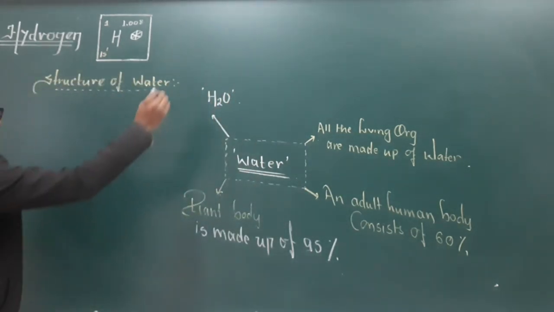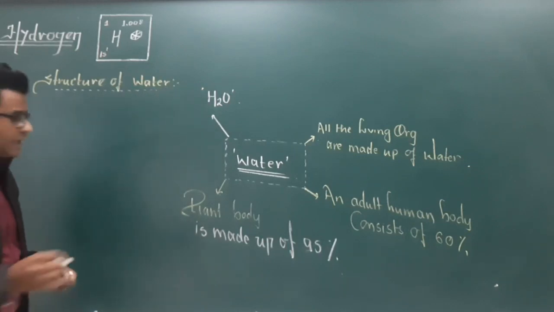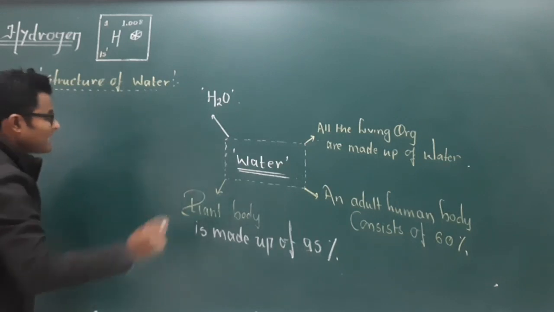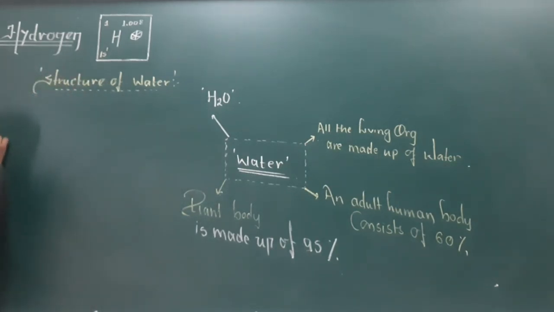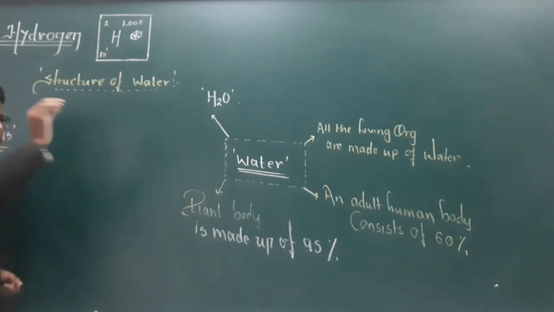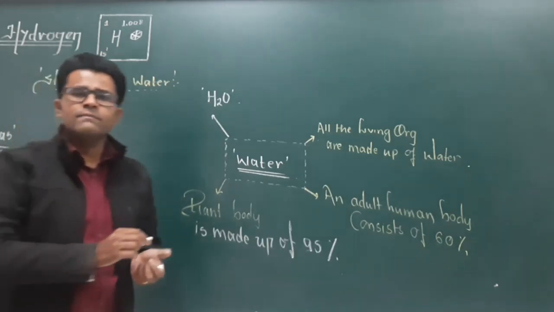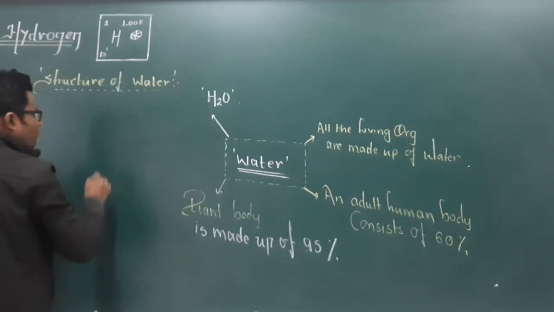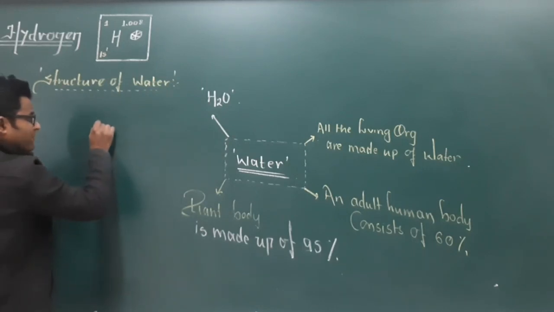So now, when we speak about H2O, when we are taking a look into the structure of water, let us speak about the structure with respect to the gaseous phase. So in the gaseous phase, when we take a look into this particular water molecule, the most important significant thing is the oxygen.